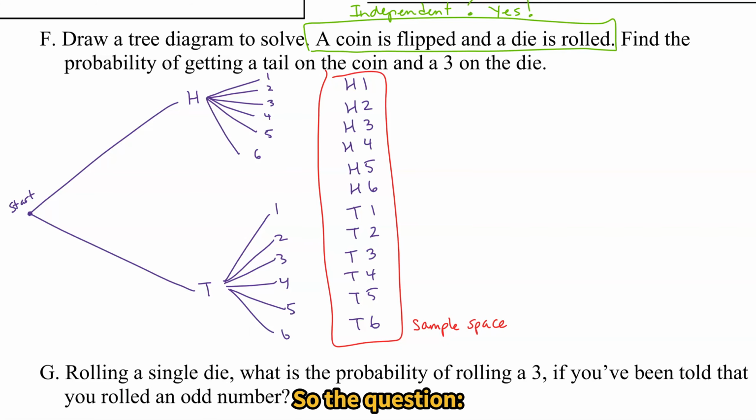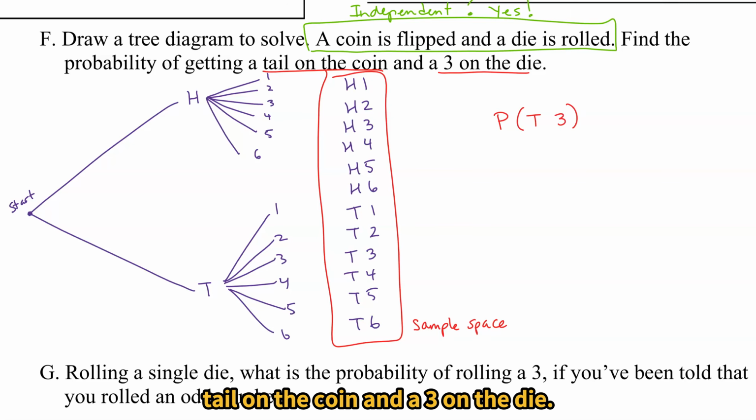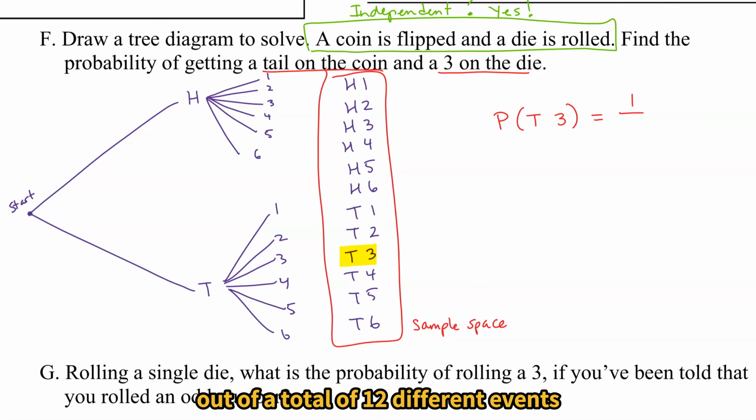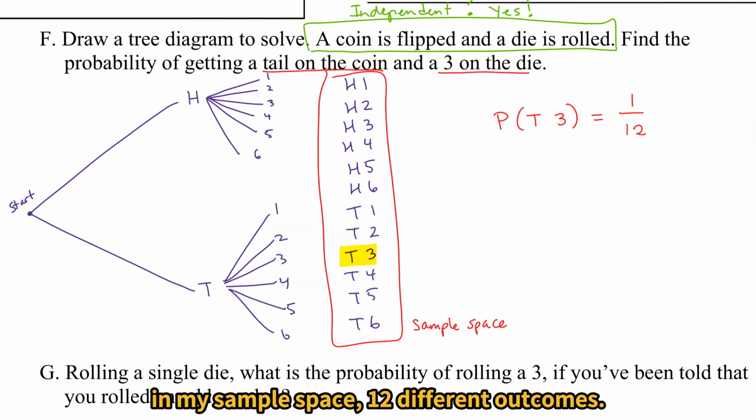So the question, find the probability of getting a tail on the coin and a 3 on the die. So we're looking for a tail on the coin and a 3 on the die. Well, that happens right there. T3, tail and 3. There's only one of those out of a total of 12 different events in my sample space, 12 different outcomes.